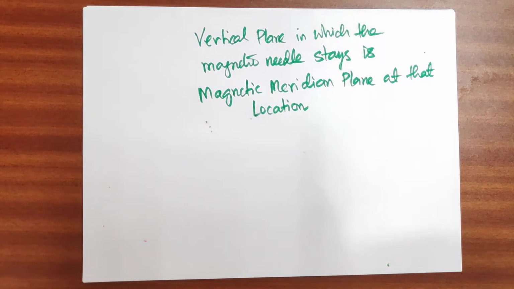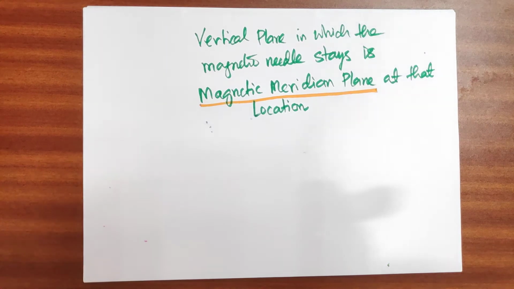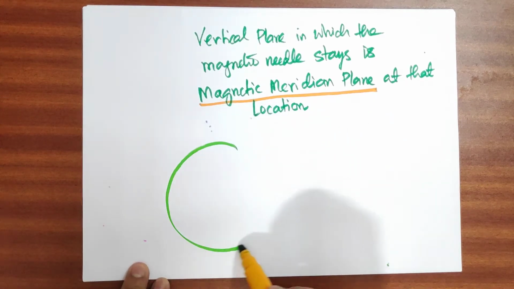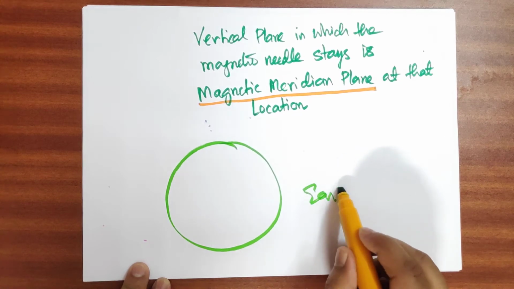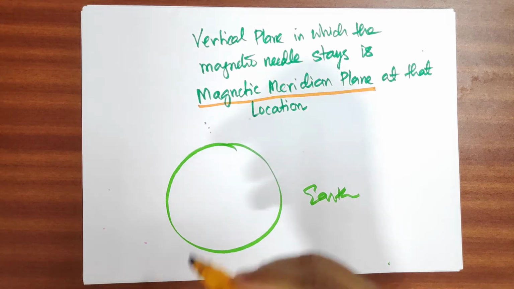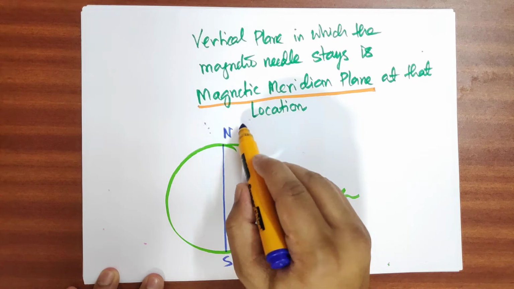This is extremely important: the magnetic meridian plane at that location. Now we'll judge what it is. It's a certain vertical plane at a location. Now if this is the earth, you have the geographic north pole and the geographic south pole.